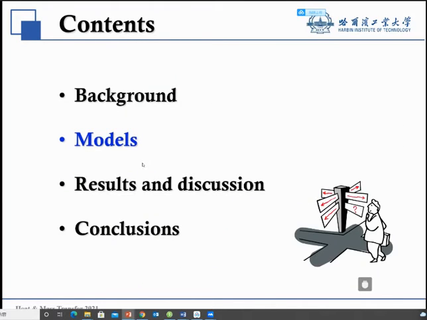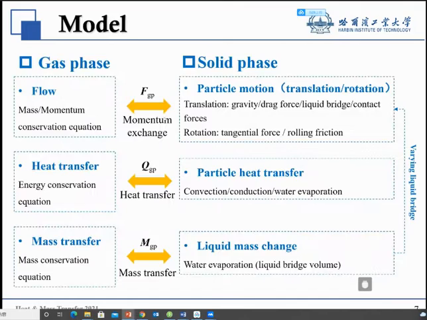So next part, I will introduce the mathematical models. For this page, I want to tell you, whichever part you introduce, you could highlight it. For example, I will introduce the models, so I will highlight the models.